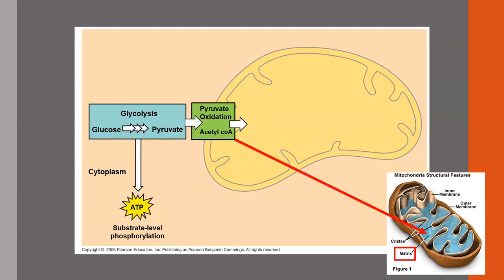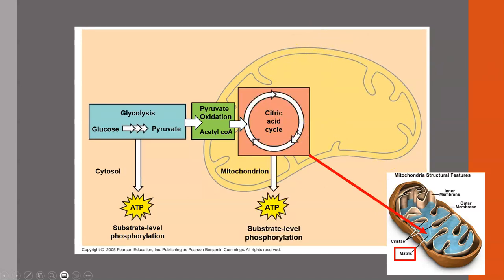So right now, we're seeing how the pyruvate is being shuttled into the mitochondria, and through this process of pyruvate oxidation, electrons are being stripped from the pyruvate and it becomes ultimately a compound called acetyl-coenzyme A, or acetyl-CoA for short. Now that acetyl-CoA is what feeds the next step of aerobic cellular respiration, the citric acid cycle.